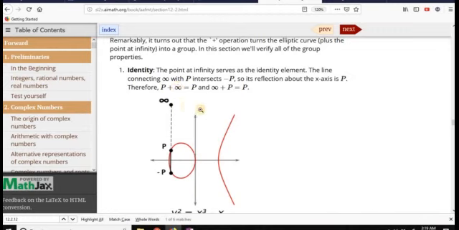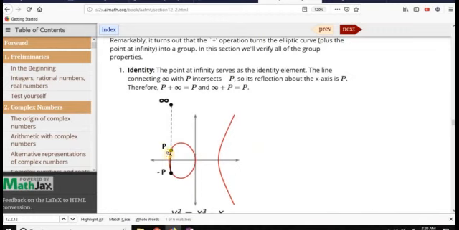which you can see by, for instance, if I take this point here and draw a line through this point and the point at infinity, well, that's just a vertical line. So if I draw the vertical line and intersect with a curve, then I get the point down below, and then when I reflect that, I get the original point.